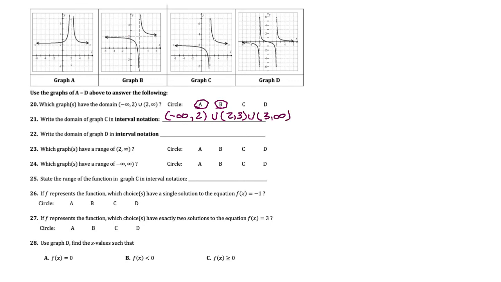Okay. Number 22, write the domain of the graph of D in interval notation. So that's going to be negative infinity to negative 2, union negative 2 to 2, union 2 to infinity.